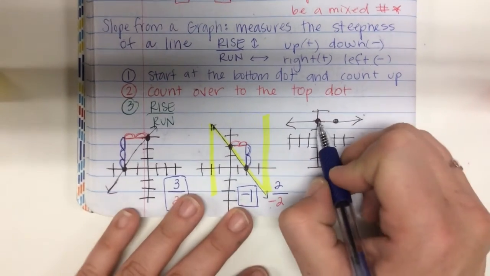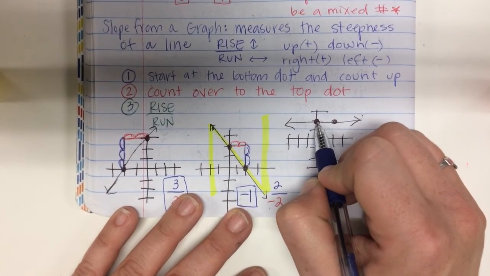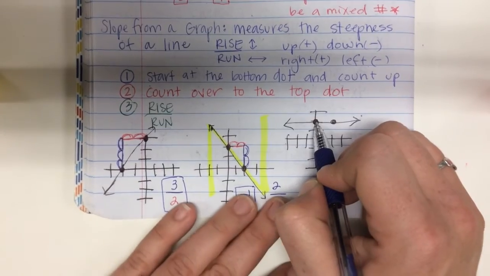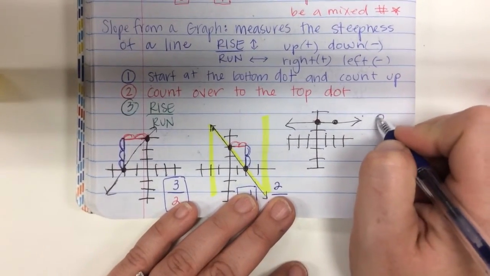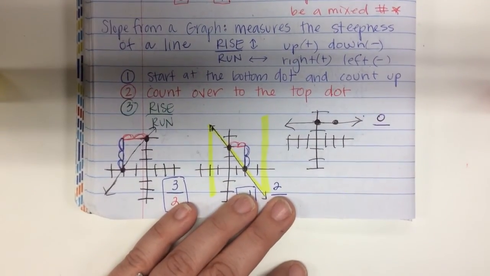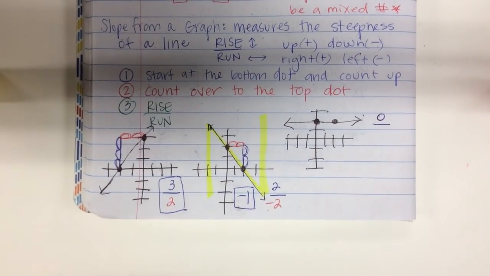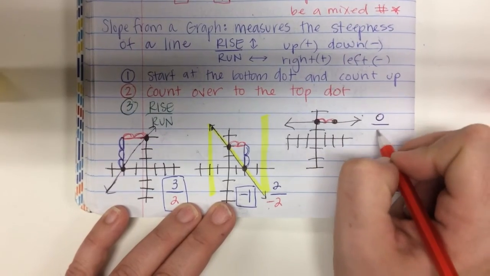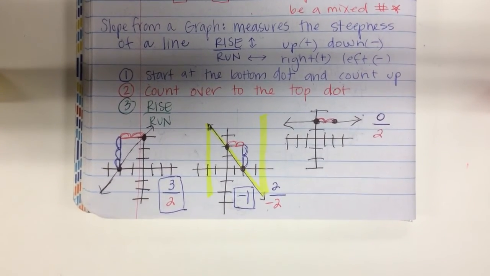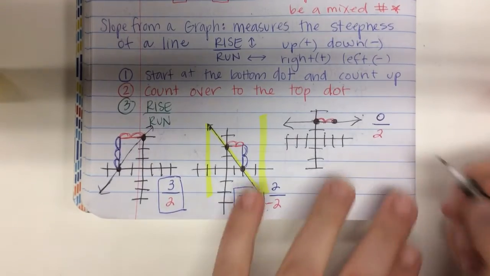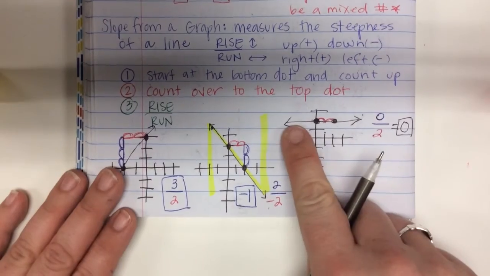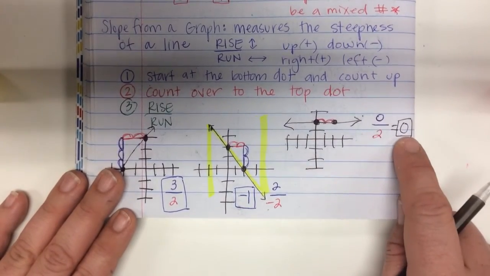All right, I'm going to pick this one. How many spaces do I go up? What number means none? 0. And how many spaces do I go over? 1, 2. Can you simplify 0 over 2? To what? 0. Ladies and gentlemen, a horizontal line has a slope of 0.